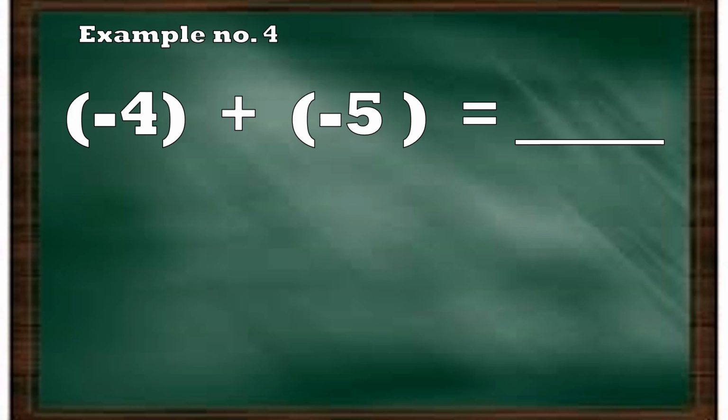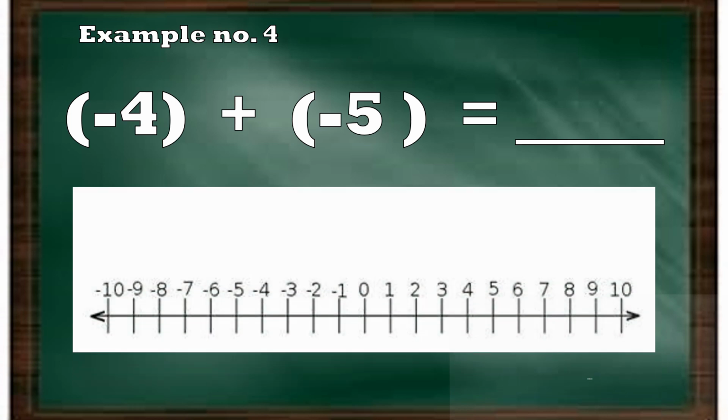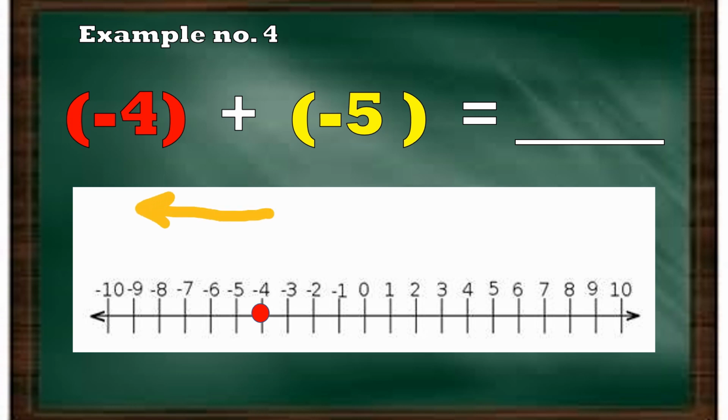Example number 4. Negative 4 plus negative 5. Again, in the first step, we will draw a number line. Second step, locate the first number, which is the negative 4, in the number line. Third step, since we will add negative 4 to a negative 5, we will move 5 steps to the left of the number line.